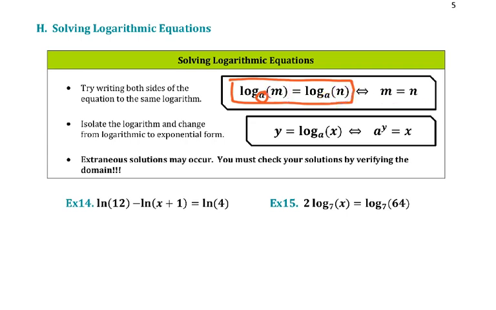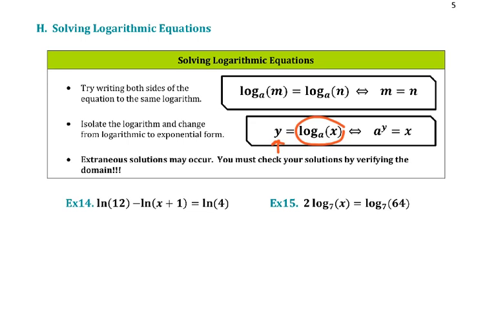But again, it has to be one log equal to one log. If you have two logs on one side of the equation, you're not going to be able to use that property correctly. So we'll use our properties of logarithms, our power, quotient, and product rules, to condense logarithms on one or both sides of the equation so that we can use this property. And then the other situation occurs when you have one log equal to a number or some value.